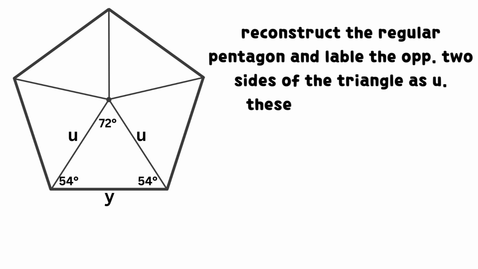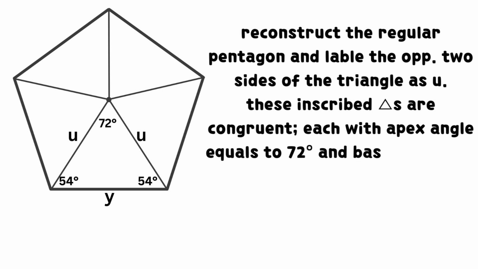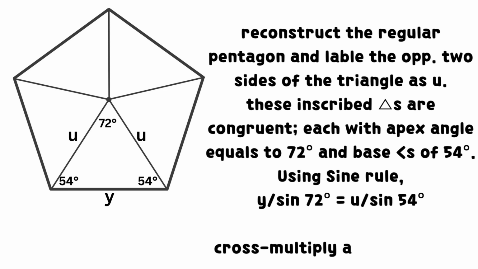Reconstruct the regular pentagon and label the opposite two sides of the triangle as U. These inscribed triangles are congruent, each with apex angle equal to 72 degrees and base angles of 54 degrees. Using sine rule, the ratio of y to sin 72 degrees equals the ratio of u to sin 54 degrees.